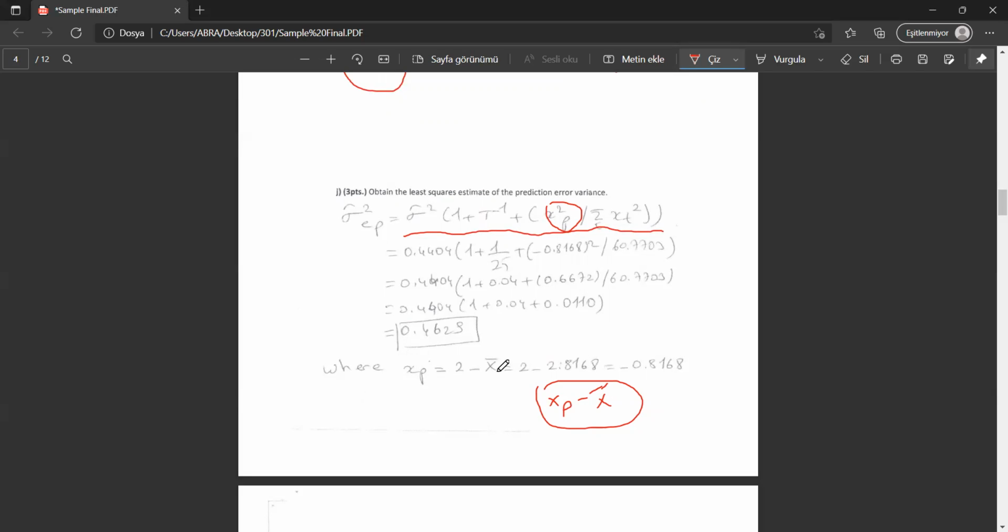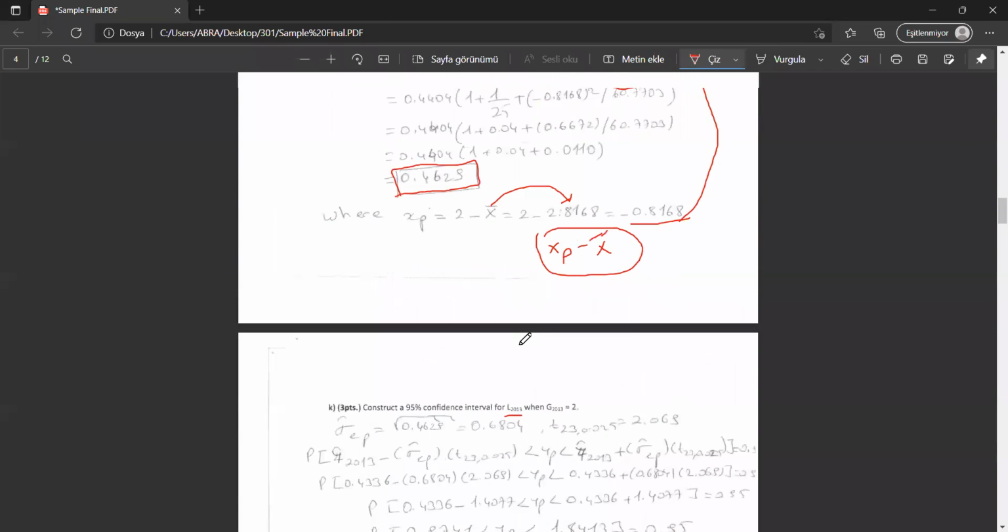And we have already found the x bar in the previous part, so we can just write this. 2 minus 2.81 is minus 0.81. Okay, so we are putting this here. And the rest of it, the summation of x_t squares, is given in the question as well. So we are calculating the prediction error variance as 0.46.